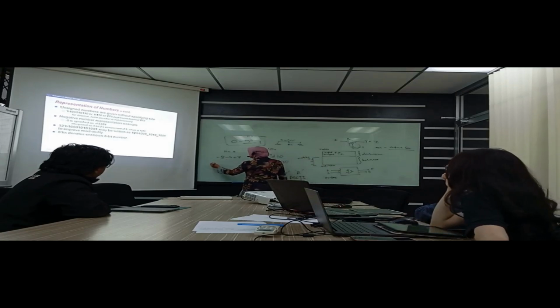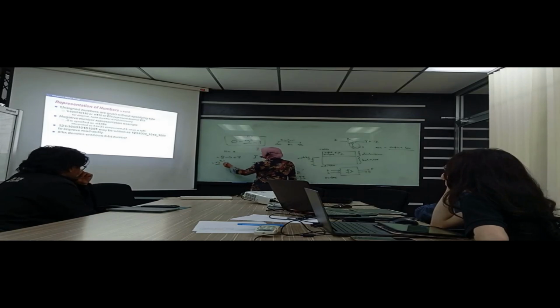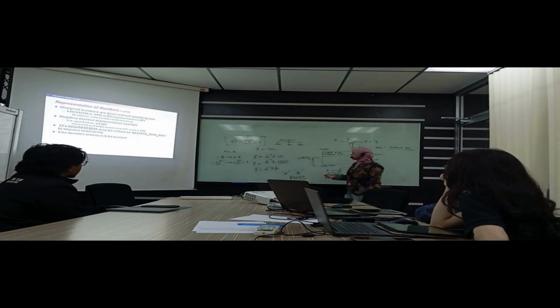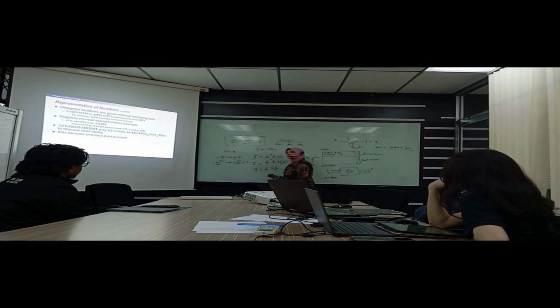So this means negative 2 power n minus 1 to positive 2 power n minus 1, minus 1. So I can come up with the standard formula. For n equal to 4, negative 2 power 3 is negative 8, until positive 2 power 3 minus 1, which gives positive 7.